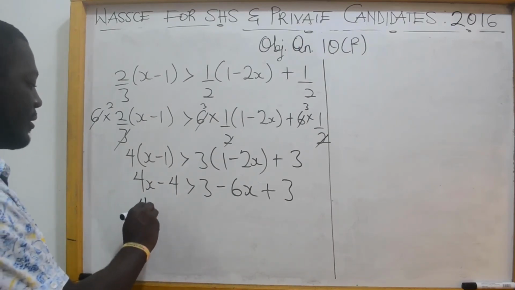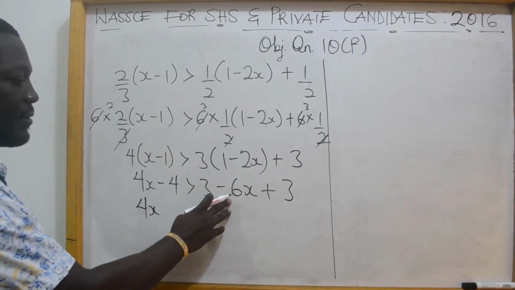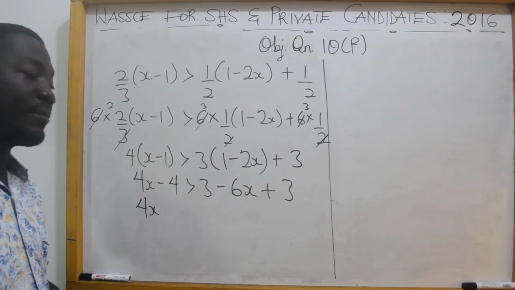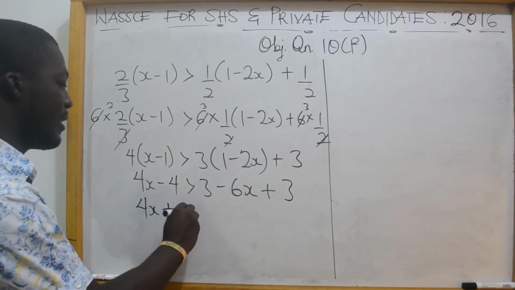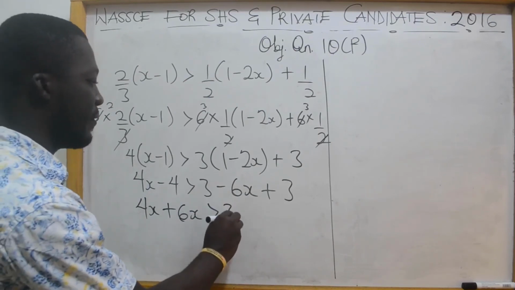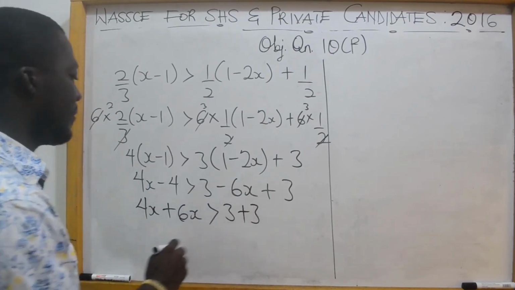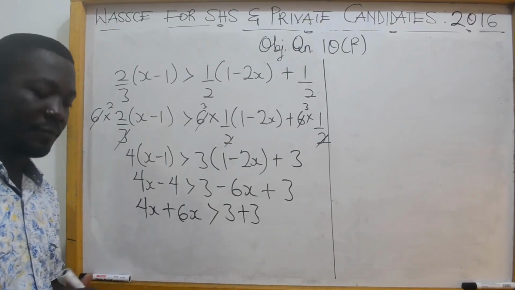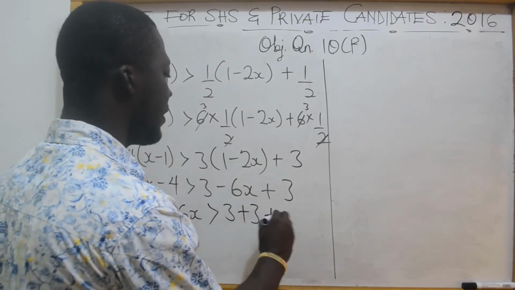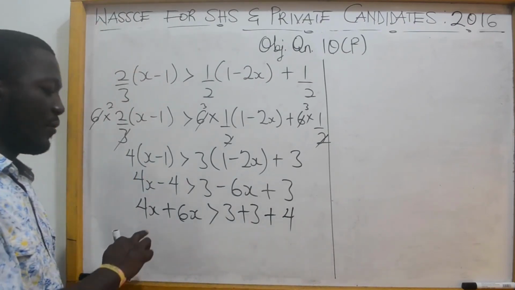So for x, this negative 6 will be transposed to the left hand side and it becomes plus 6x, which is greater than, we have 3 here plus another 3. The negative 4 will be transposed to the right hand side and it becomes positive 4.